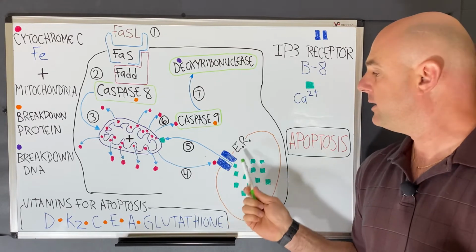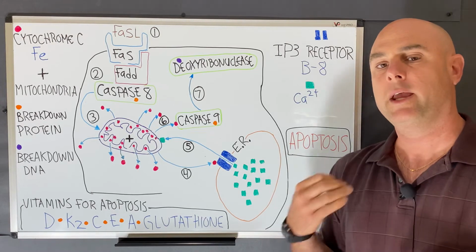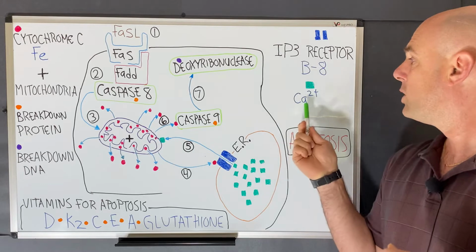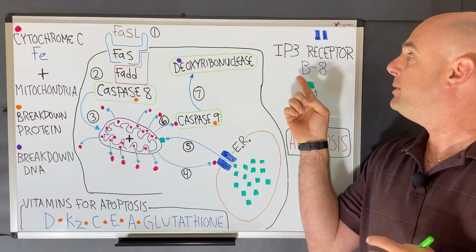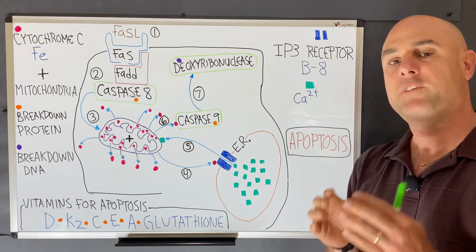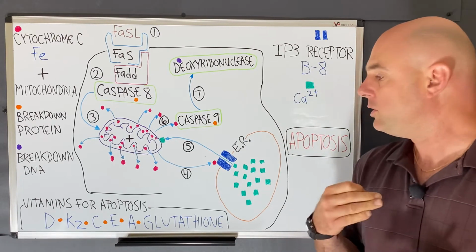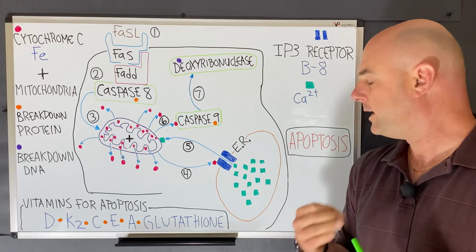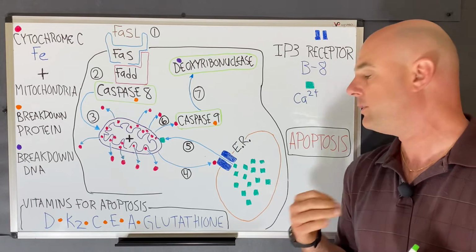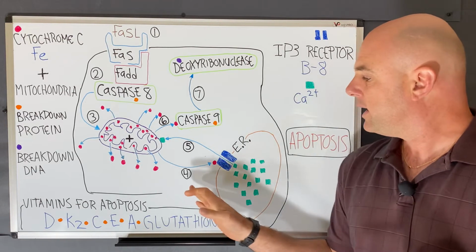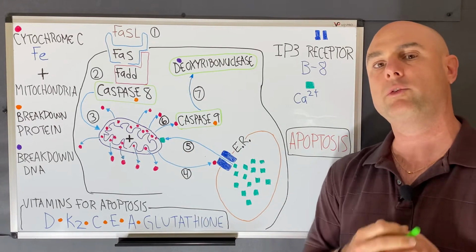and this eventually binds to the endoplasmic reticulum, which is another compartment inside the cell. And inside the endoplasmic reticulum, we have calcium ions. Now, when this cytochrome C binds to the IP3 receptor, that is inositol phosphate 3 receptor, which is a pseudovitamin, it is B8, a pseudovitamin, it releases calcium into the cytoplasm, where it goes back and binds to the mitochondria.